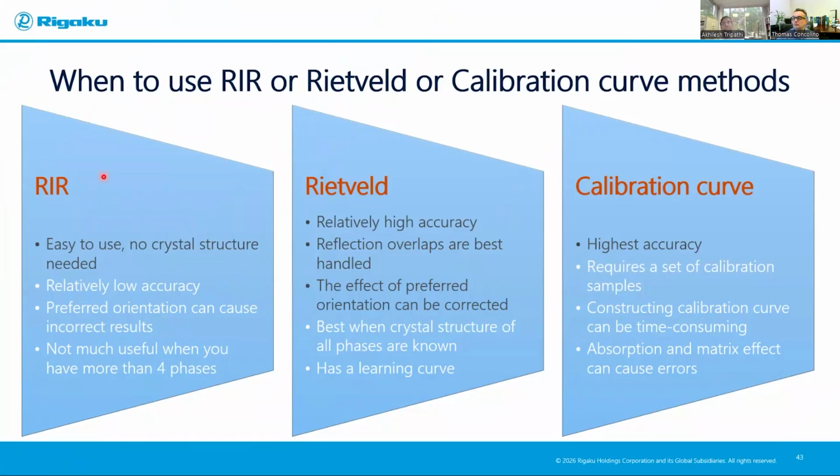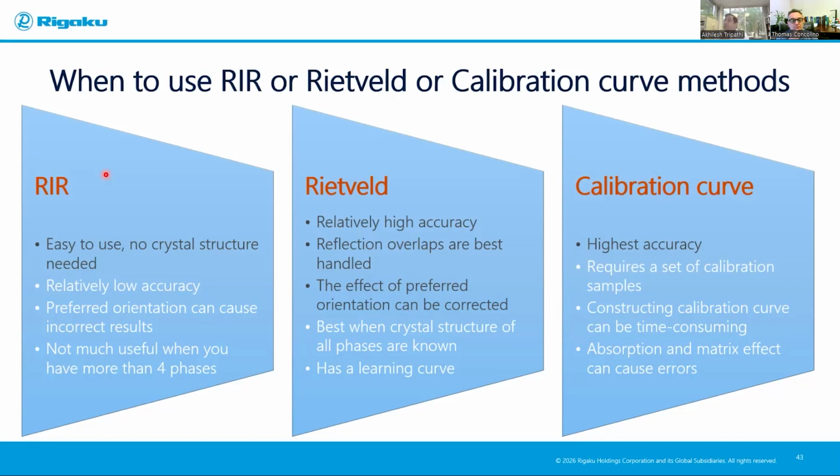I believe in those cases, you're not going to have much overlap of peaks. So it is easy to use, no crystal structure needed. And if you have a simple mixture of 1 or 2, I mean, 1 is almost 100%, of course, 2 or 3 phases, and there's no overlap.